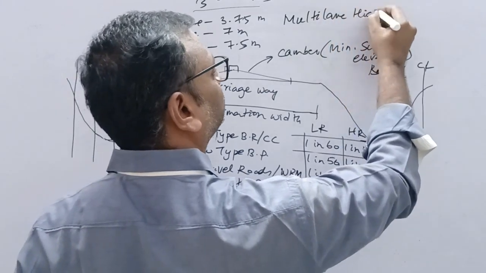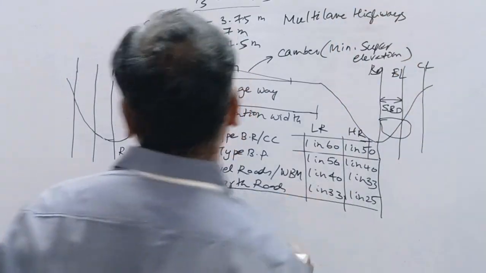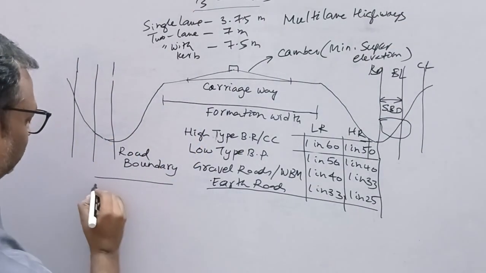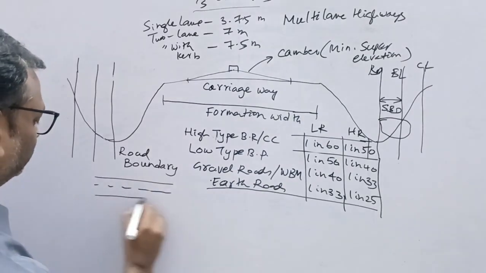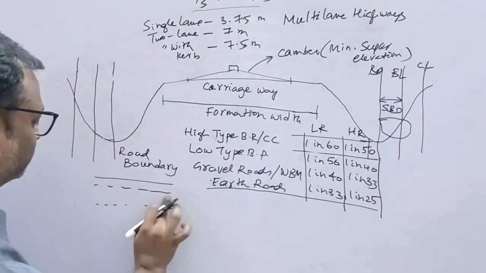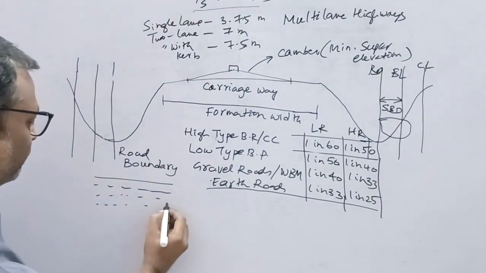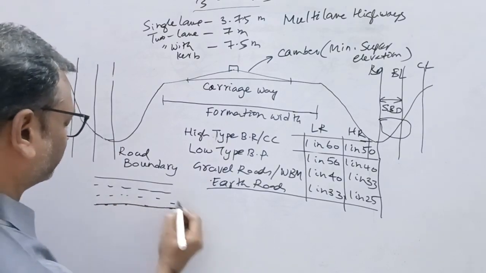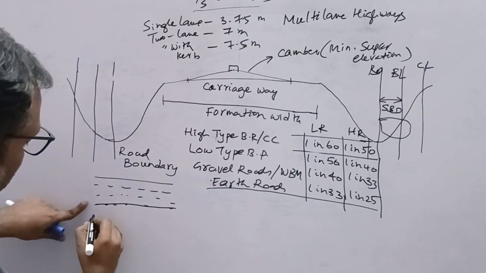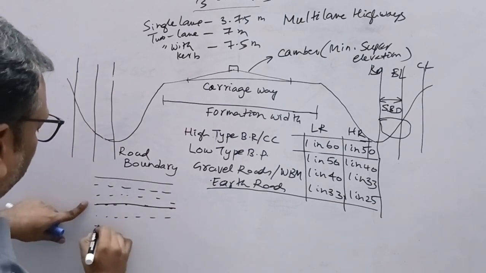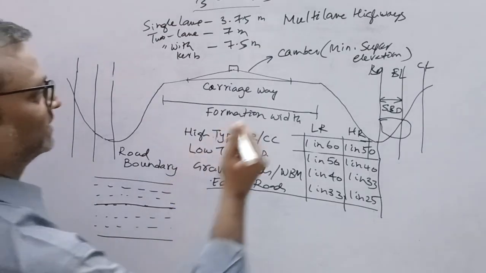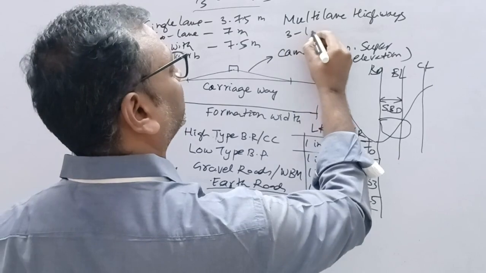And now multi-lane highways. Suppose this is a multi-lane road. So 3 lanes here and 3 lanes on the other side. Then for a 3-lane road, what will happen?